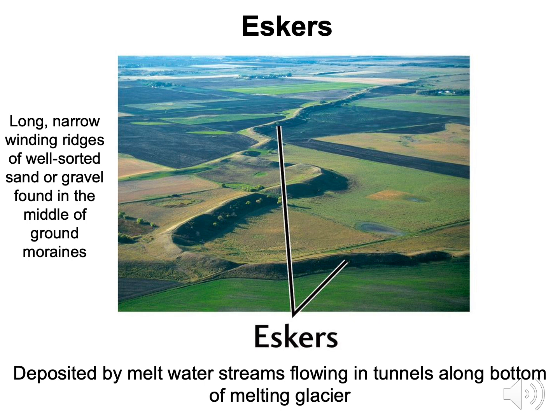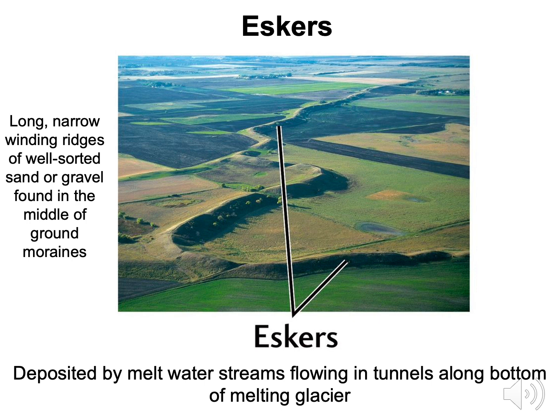So this is different than the drumlins, where the drumlins and in general glacial till is very poorly sorted, where we can have fine grains and larger grain material and cobbles. With these eskers, they are much more well sorted and only composed of sand or gravel. And the reason for this is they form in a slightly different way.